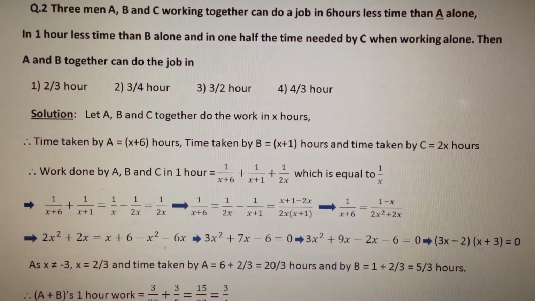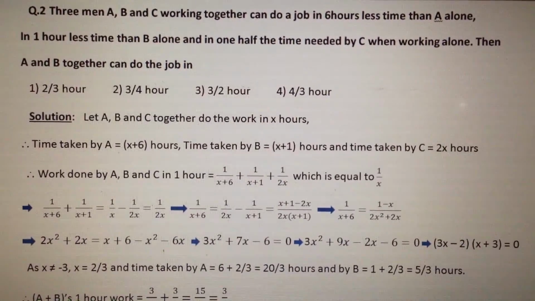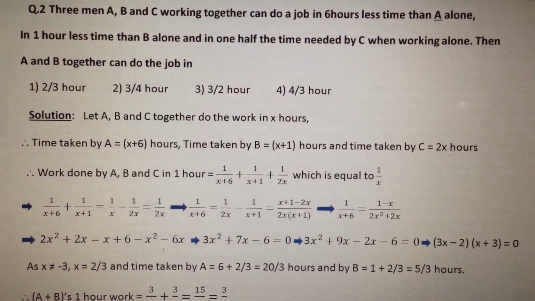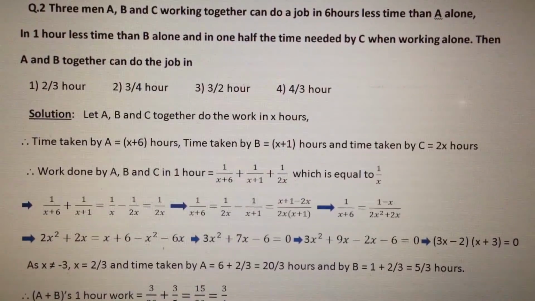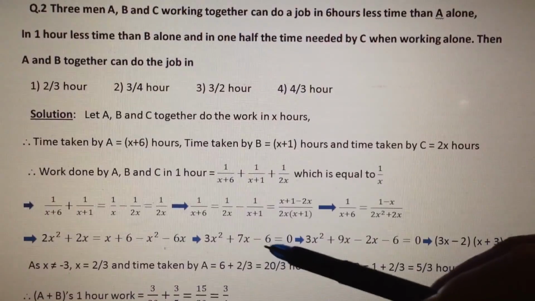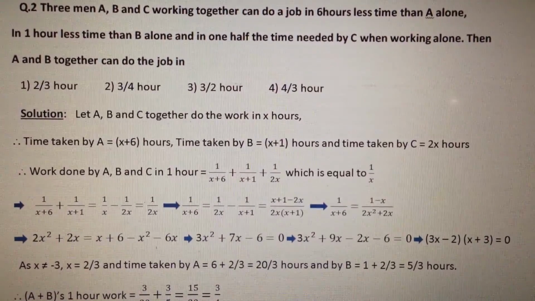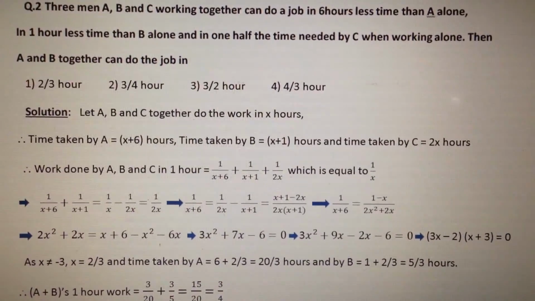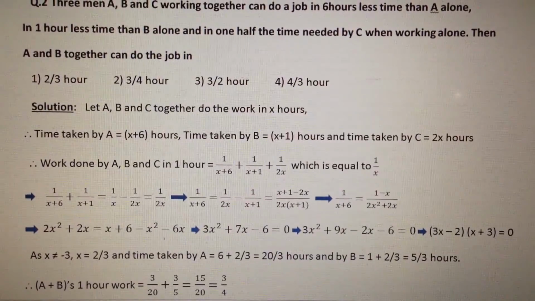This on simplification gives 1 by X plus 6 is equal to 1 minus X by 2X square plus 2X. Again, on further simplification, we get a quadratic equation which is 3X square plus 7X minus 6 is equal to 0. This can be factorized as 3x minus 2 into x plus 3 is equal to 0. Now x cannot be equal to minus 3, so x is equal to 2 by 3.